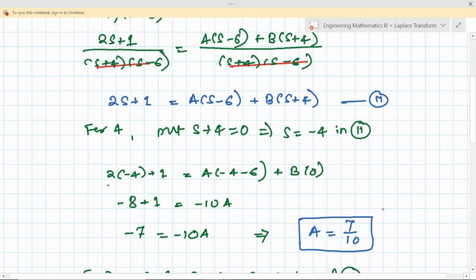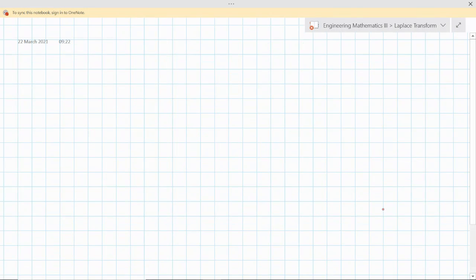So let us see one more example to understand this. Find out the inverse Laplace of, let me take another example. So this is example 2.